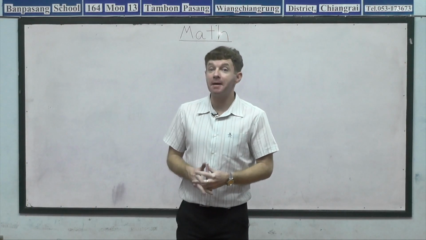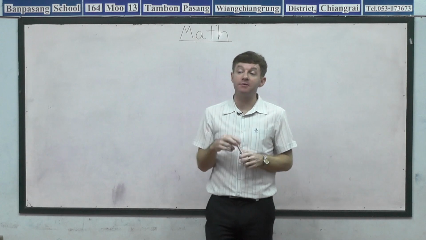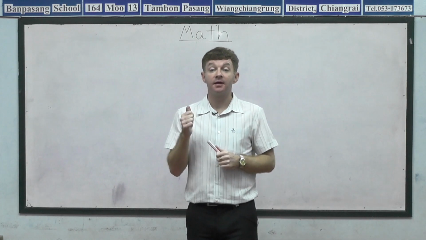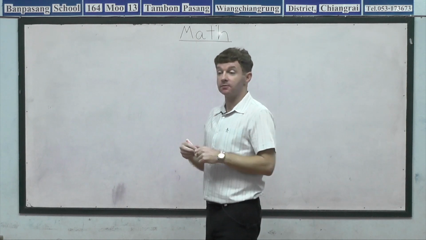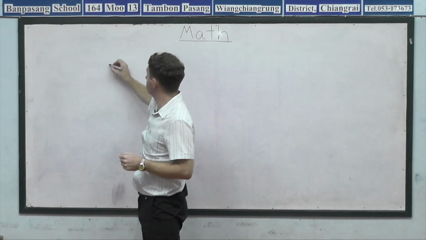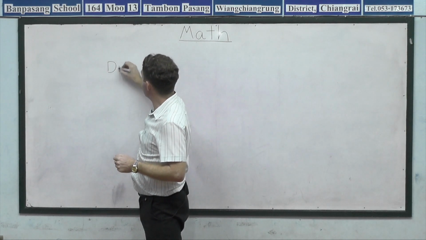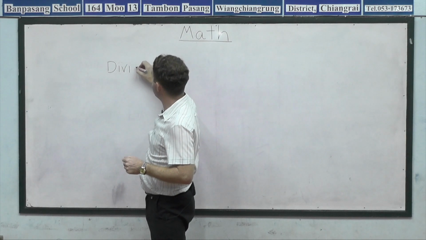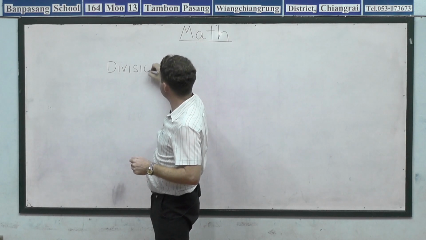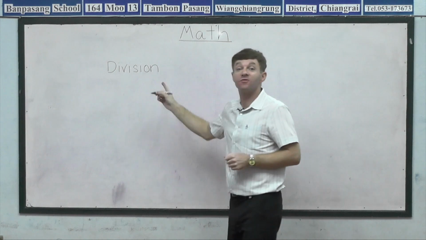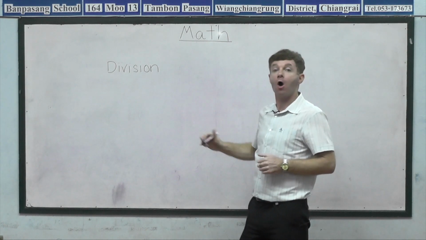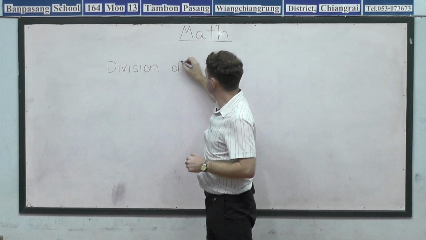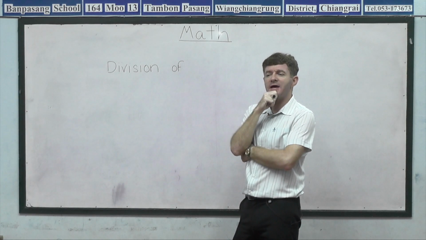So who can remember what we learnt about in the previous math lesson? The division. Okay, so let's write that word on the board. D-I-V-I-S-I-O-N. Division. Of. And what did we do division of last lesson? 2.